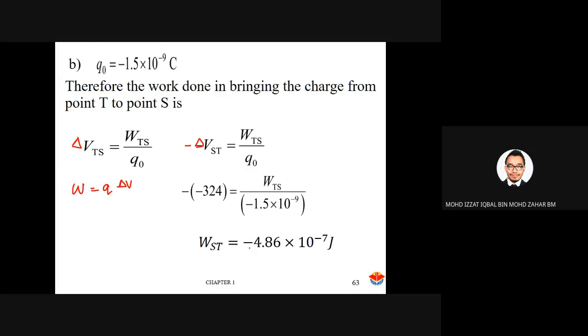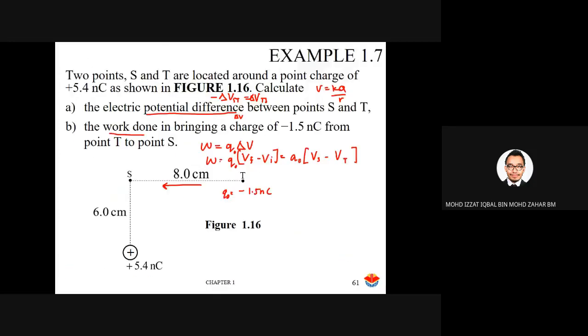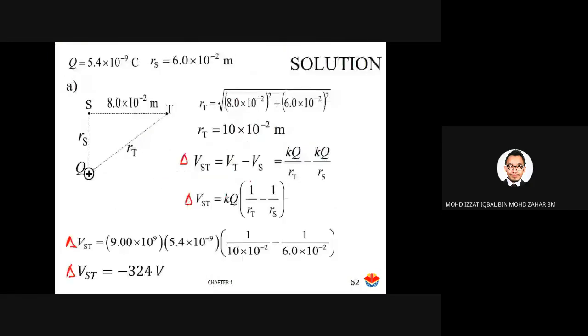Kalau negatif tadi maksudnya apa? Work done by ke on system? By. By system. Okay. Siapa yang buat kerja? Sistem buat kerja. Kita tengok, does it make sense or not? Kamu ada positive test charge kat sini. Positive charge kat sini yang tak bergerak. Kan? Yang bergerak tu negative charge kat situ.